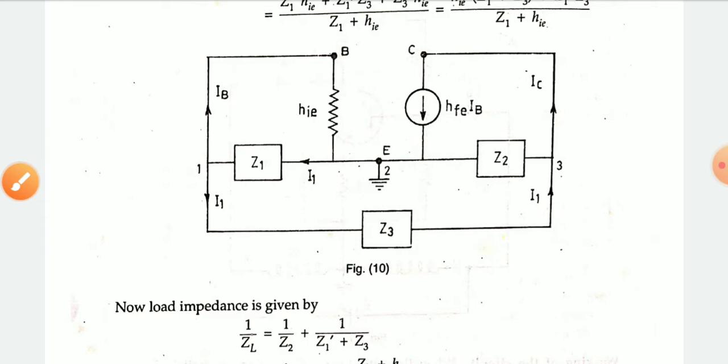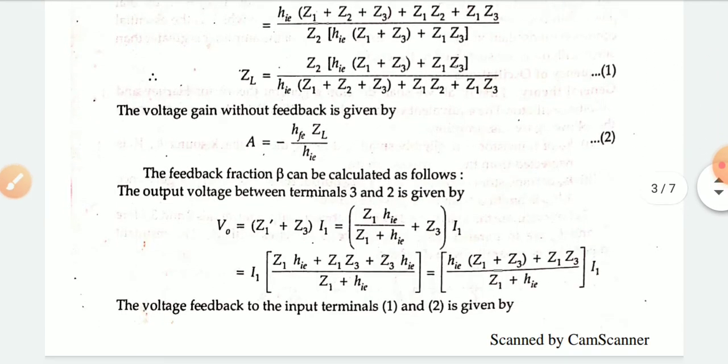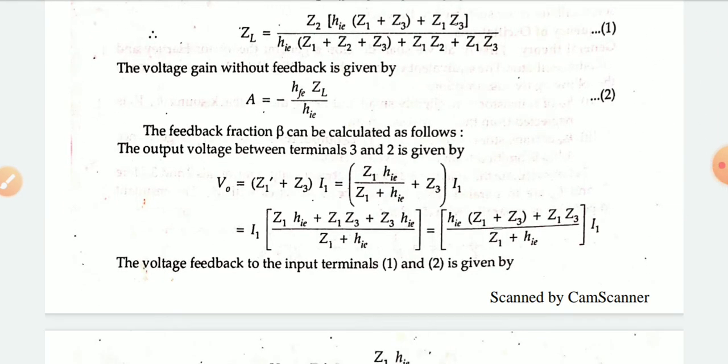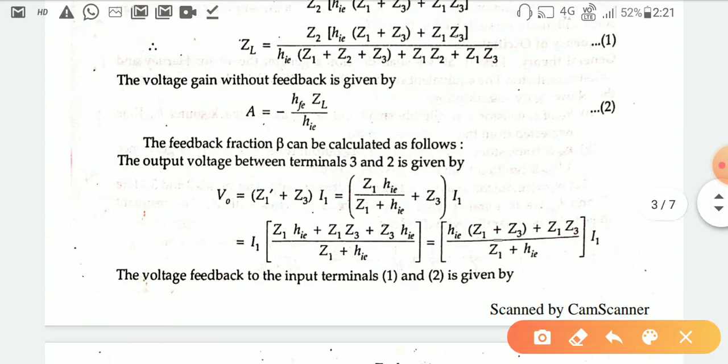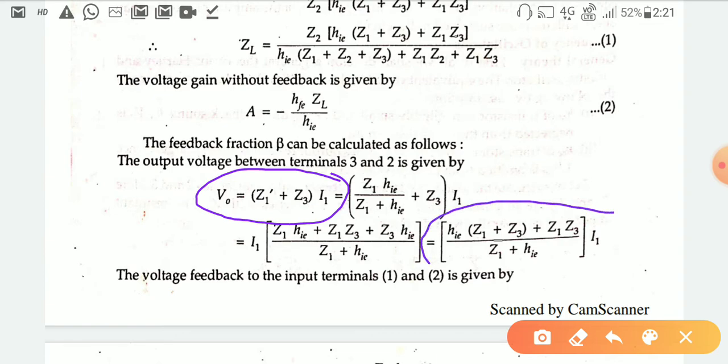So ultimately you get the value for V0, which is the feedback one. This is the feedback value. Now you already know the value of Z1 dash, so you just put this value in, and ultimately the expression for the feedback voltage will be in this form.